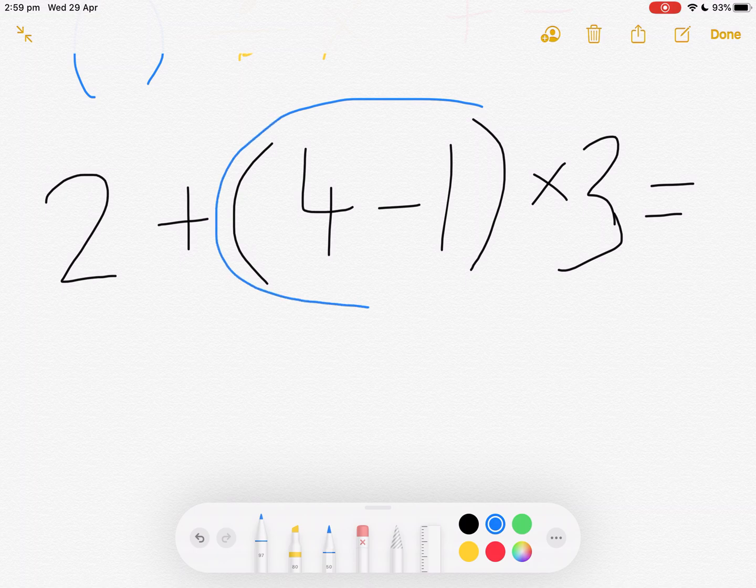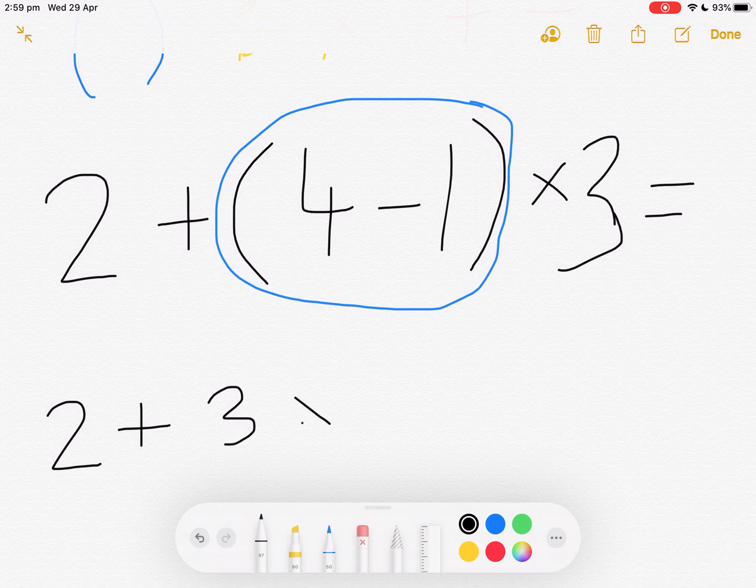This is the part of the question I need to start at. So I leave my 2 plus, that's here. 4 take 1 is 3. And then I've still got my times 3 over here. Okay, I've done my brackets. The next part that I need to do is any multiplication or division. So that's this part. That is my second most important.